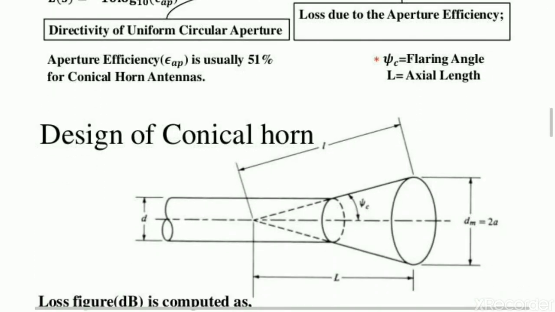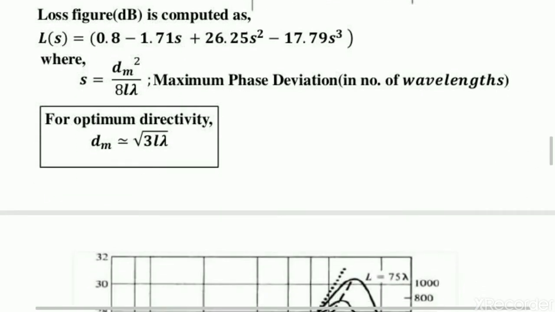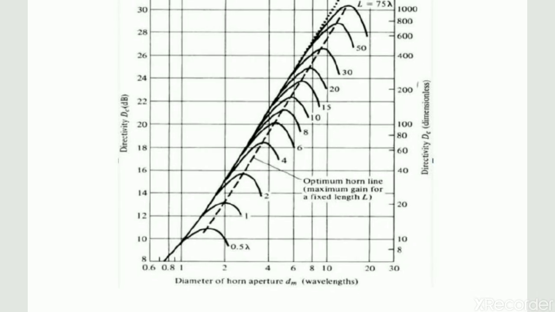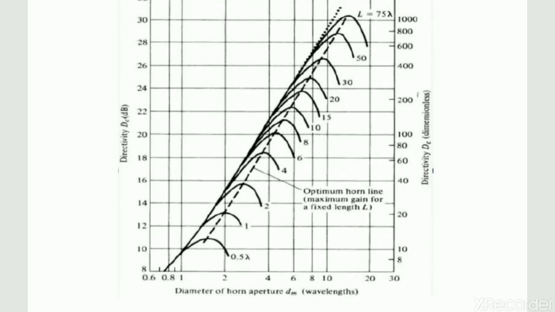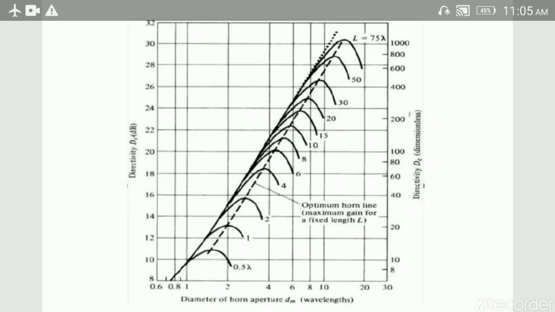So we will move forward. We can see there is one graph which shows the relation between directivity D suffix c and the diameter of the horn aperture, that is dm, in wavelengths.